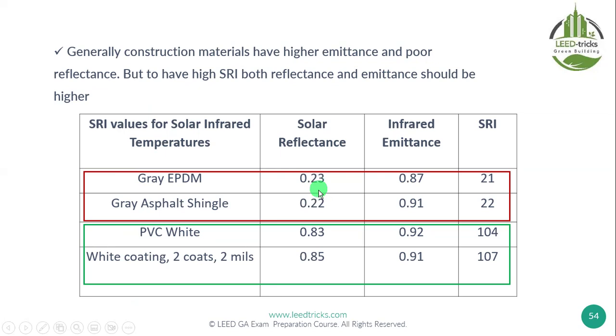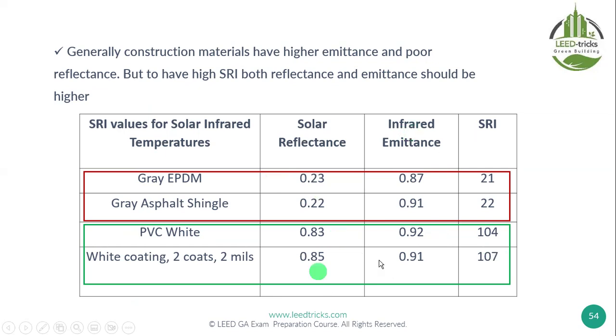Sometimes, of course, there is also infrared emittance, but this is based on the property. So focus on the solar reflectance. The higher the solar reflectance, the higher the SRI. There is another thing we call emittance.